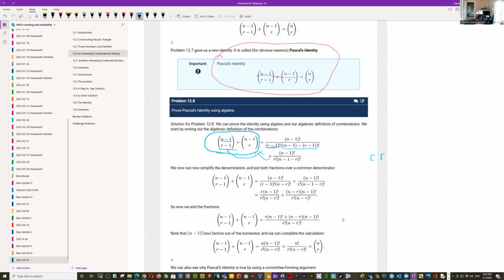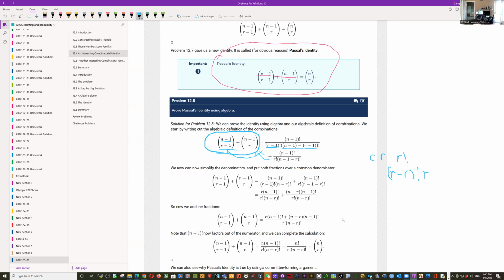Because this is r minus 1 and r factorial will be r minus 1 factorial multiplied by r, you are able to factor out some number.